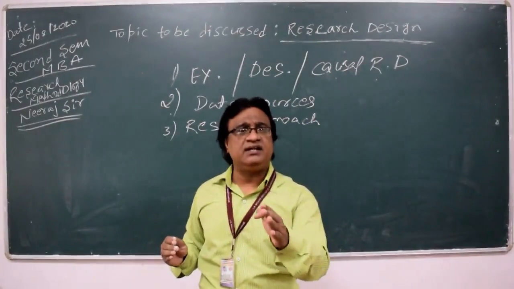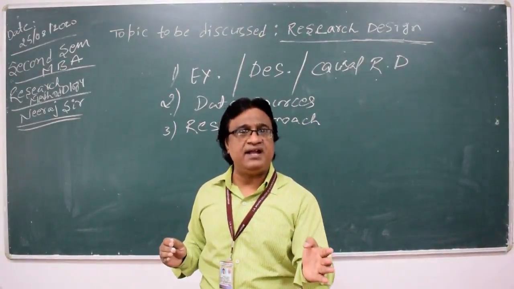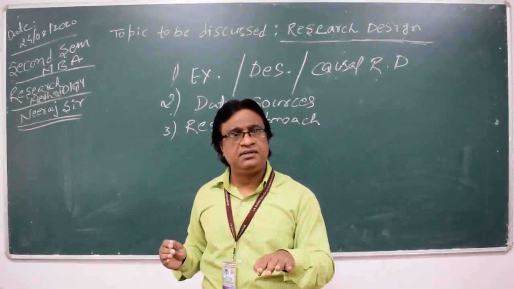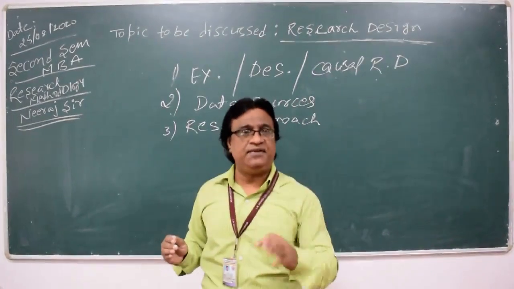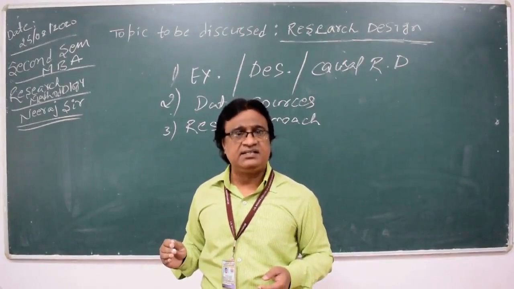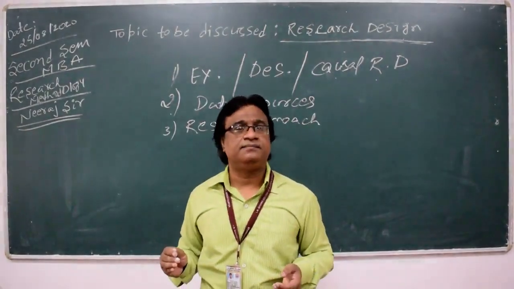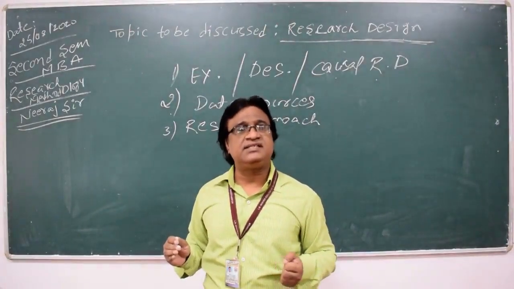Here we conduct experiment, we manipulate the independent variable, and after manipulation, every time we measure its respective effect on the dependent variable, and thus we arrive at certain conclusion. This is experimental type. And third one is simulation.